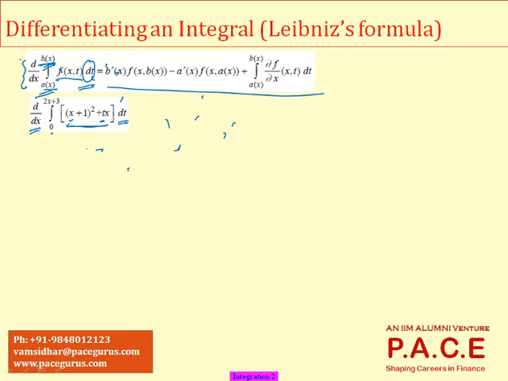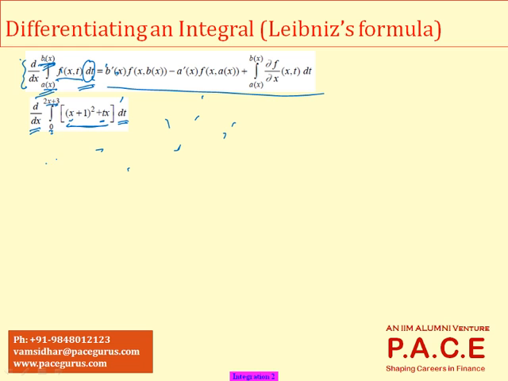What I'll do is, as a first step, take each of the limits, find their derivatives, and substitute that limit in place of t.